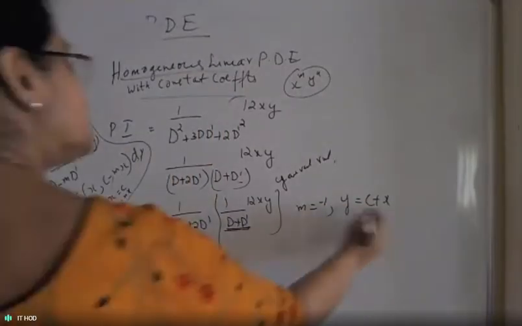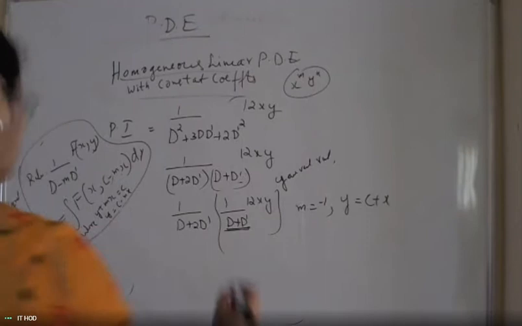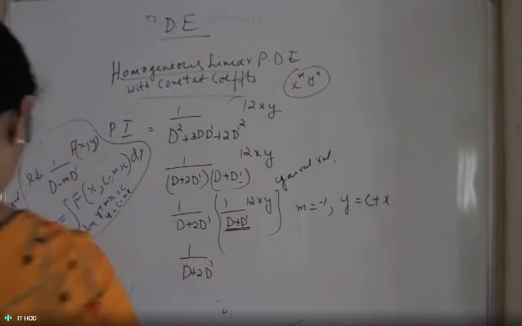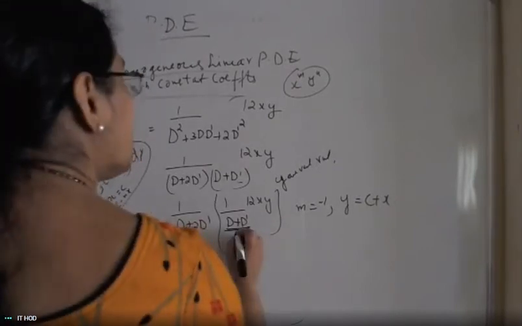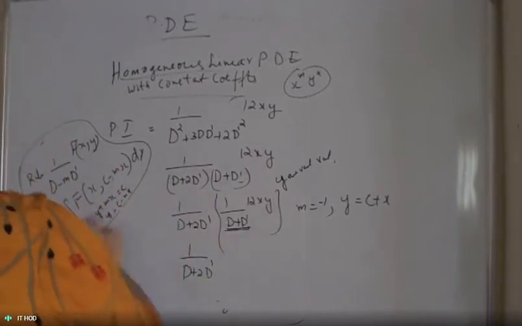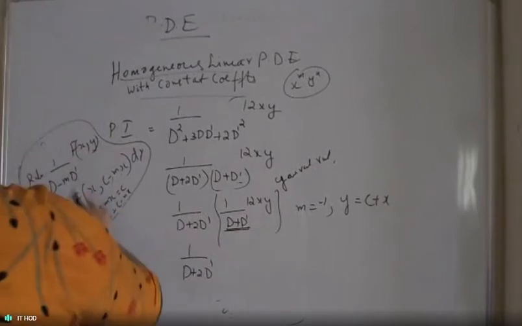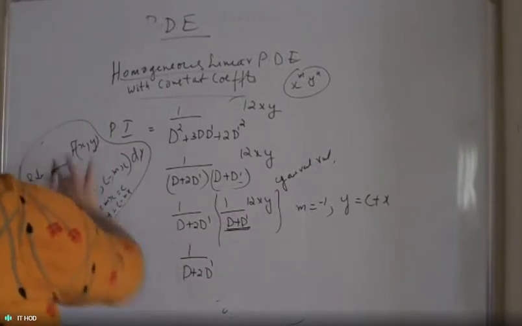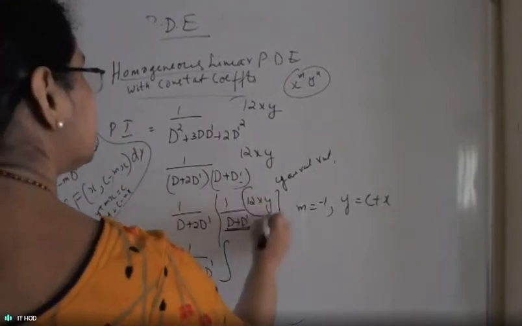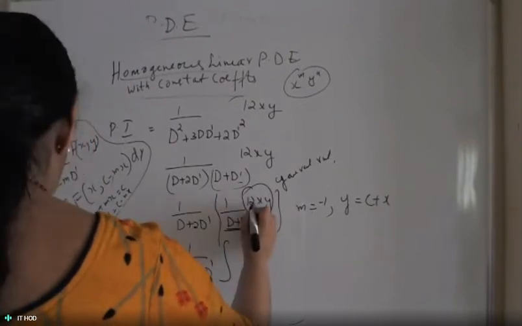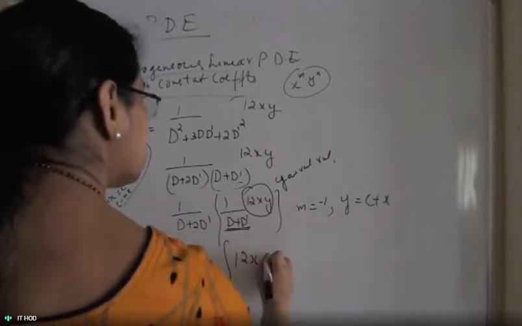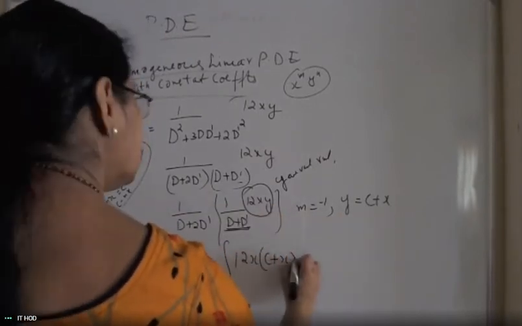Once you have this, it becomes 1 by (D plus 2D dash). For this part, we are going to change it to an integral. For the general rule, this whole thing becomes the integral of our function, 12xy. x stays the same, so 12x, and y is c plus x, so c plus x dx.